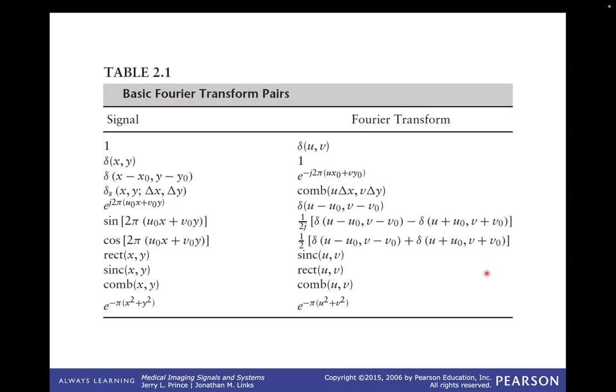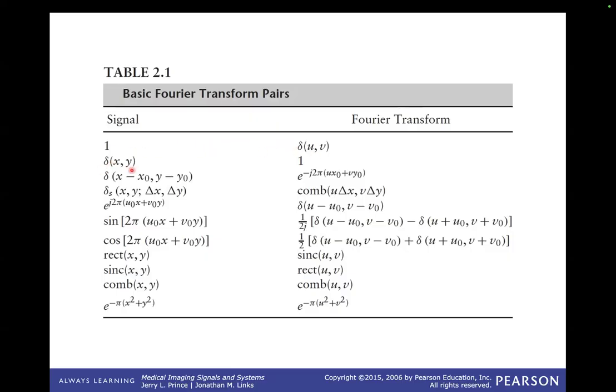Okay, so some basic Fourier transform pairs. You should really know this whole chart. It seems like a lot, there are a lot of letters here, but it's not a lot of concepts really. The signal here is one, so it's all spatial frequencies represented. If I have a signal of one and I take its Fourier transform, I get a delta function.